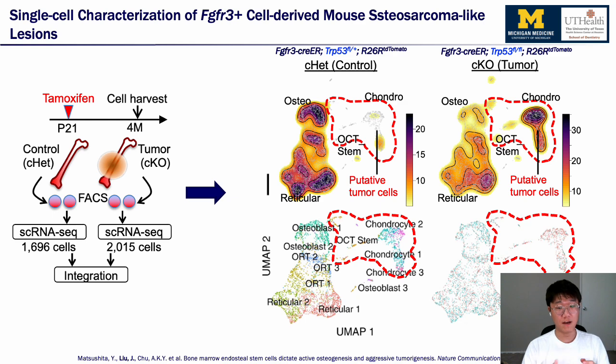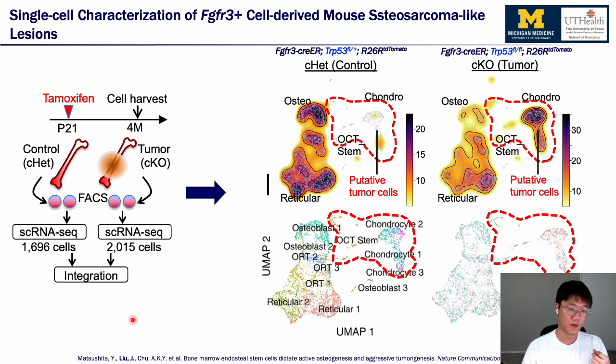And next, we definitely wanted to understand what molecular features represent these tumor cells. So again, we did another round of sequencing. We did single-cell sequencing from the control young bones, and also from the young bones with tumor.